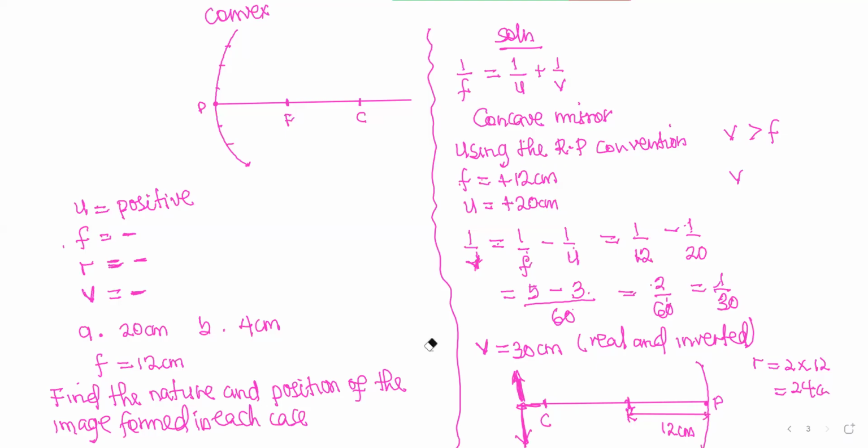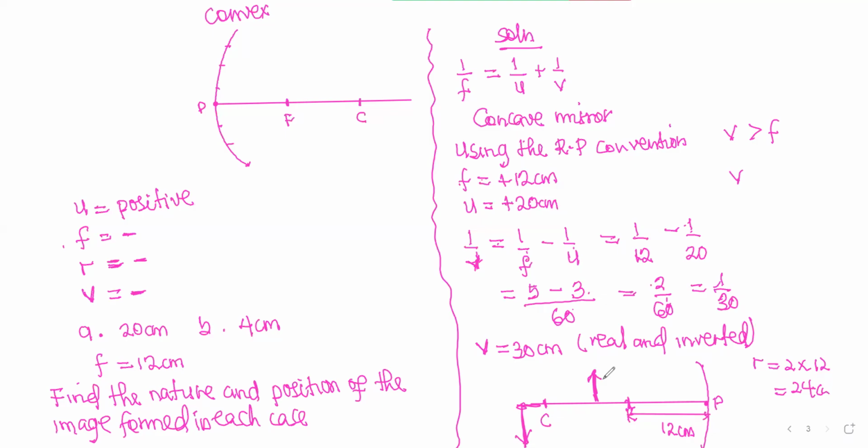Sir, please, we learn in a concave mirror, the images are formed in front of the mirror. To say the distance from the pole to the center of curvature is 24 centimeters. To say the image takes up 12, and when you add 20 to it, you get 32. Isn't that beyond the center of curvature instead of between?